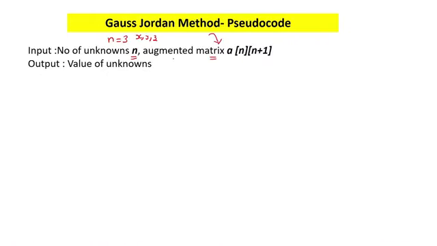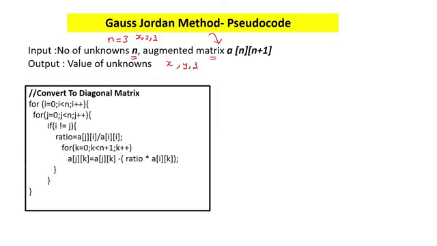Now after taking the augmented matrix and the value of n, we will output the values of the unknowns, that is, the values of x, y, z. And if let's say n equals 4, then we have 4 unknown values. Now this is the code to convert our given matrix into the diagonal matrix.